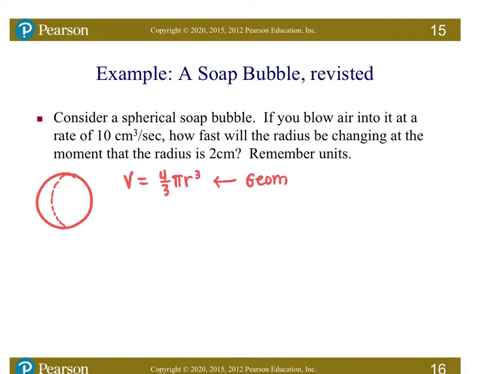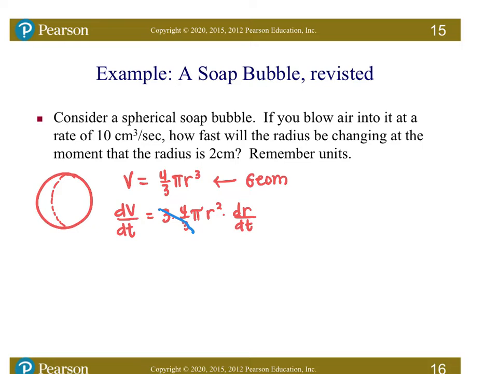Our calculus is dV/dt equals 3 times 4/3 pi, which are constants, r squared times dr/dt. We can reduce the 3's, and then we can look for plugging in values.